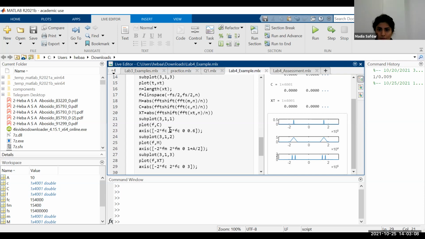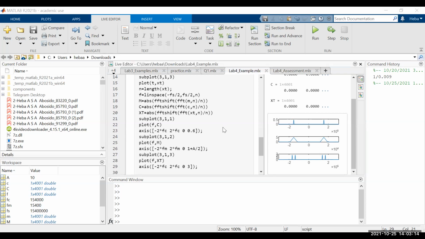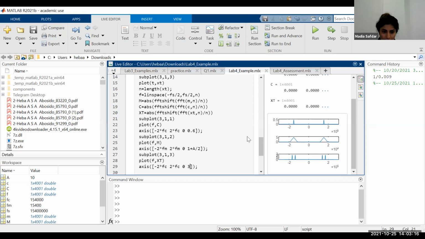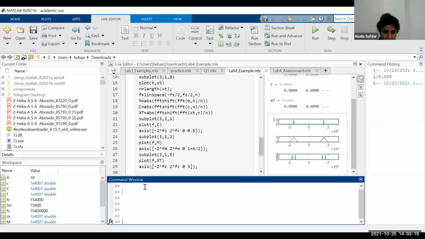No, I don't know how to write it. I tell you. Wait a minute. Okay. I can write here also in this window. Okay. I want plot of FC.